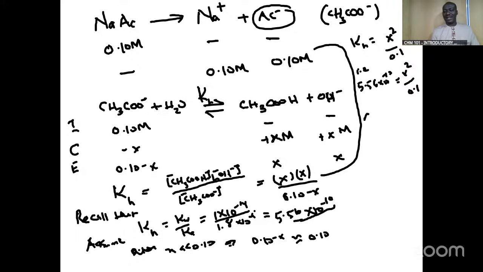And that is x squared, when you cross multiply, you get 5.56 times 10 to the power of minus 11, such that x, which is the hydroxide ion concentration, will be the square root of this. So let's find out what the square root of 5.56 times 10 to the power of minus 11 is.